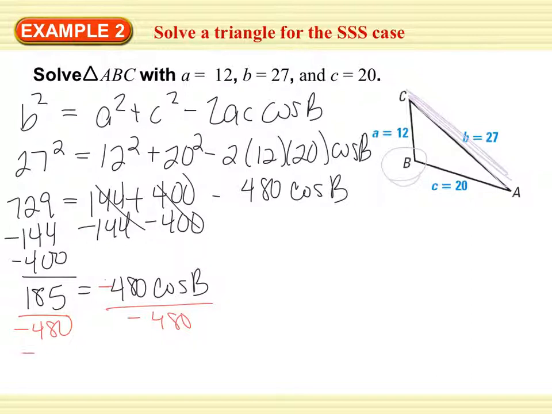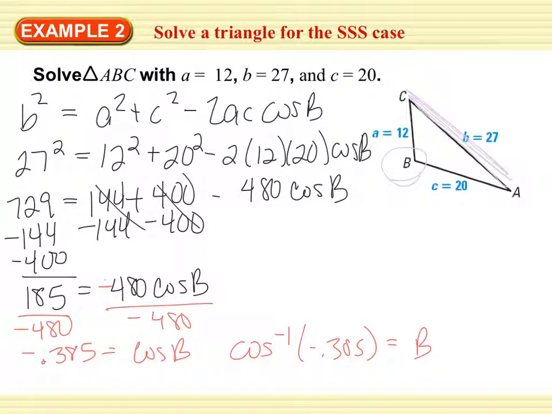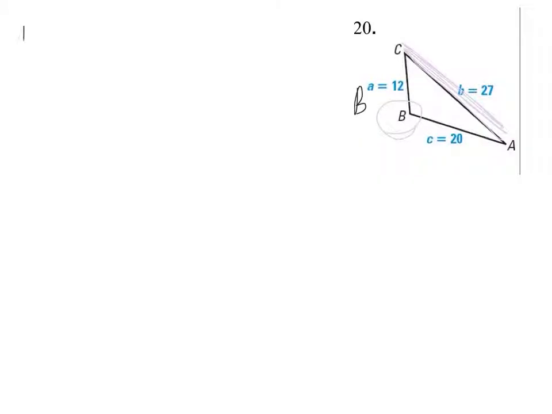I get negative 0.385 equals cosine B. So take the inverse cosine of negative 0.385 equals B. So B equals 112.7 degrees. I need more paper. Right, so far we know that B is 112.7 degrees.